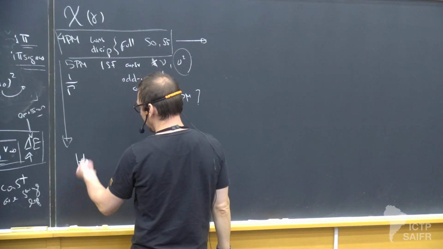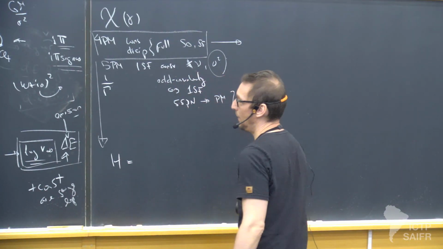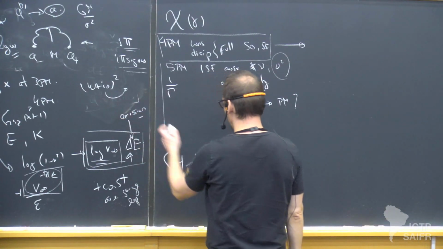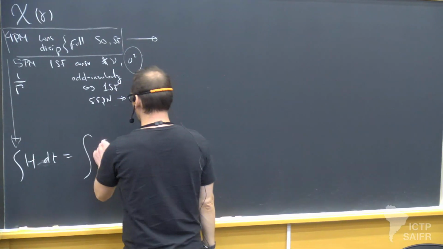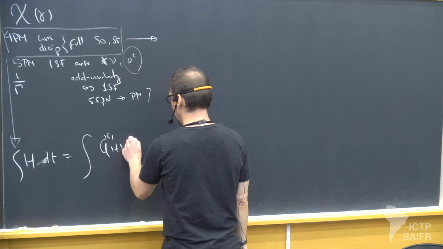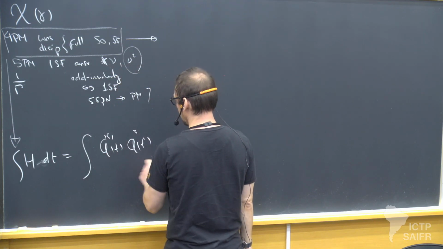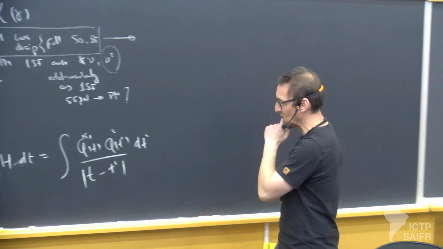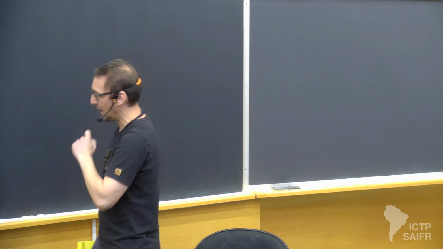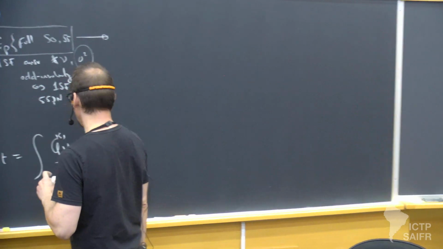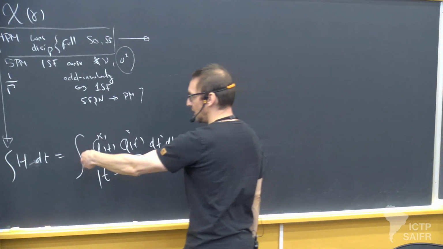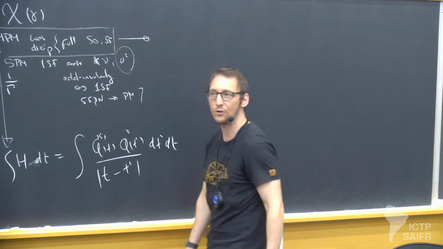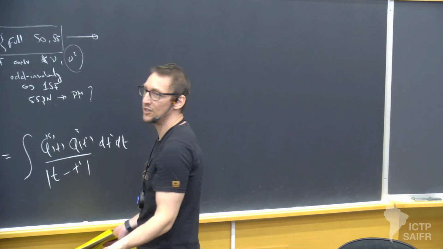If you translate back into time, the action from that log omega will be something like this. The Hamiltonian, which is the 1 over |t - t'|, is non-local. And that means that it depends on the trajectory.